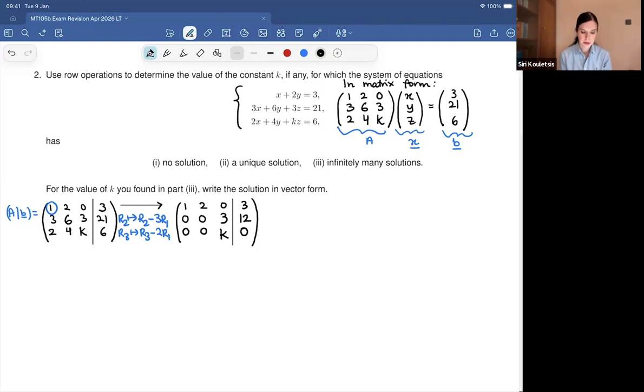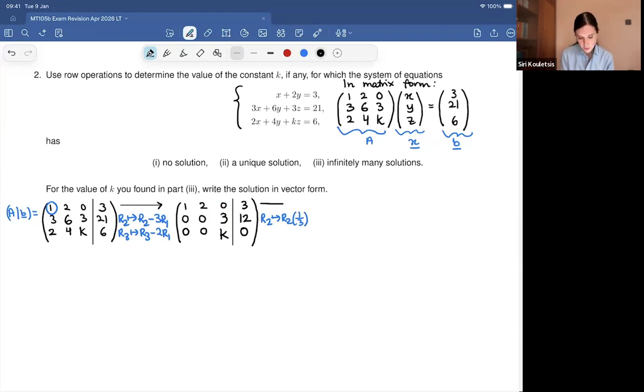Okay, now I would like to make this 3 here in the second row into a leading 1. So let's just divide row 2 by 3, or multiply by a third.